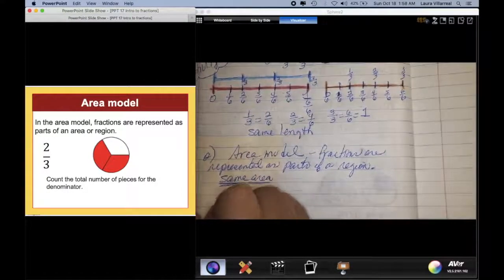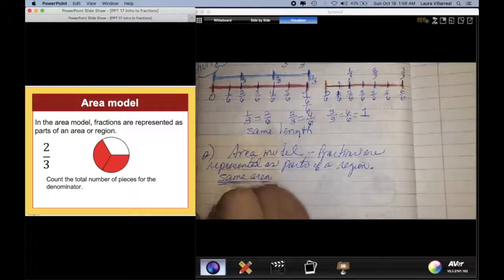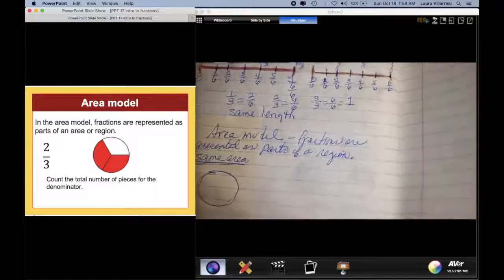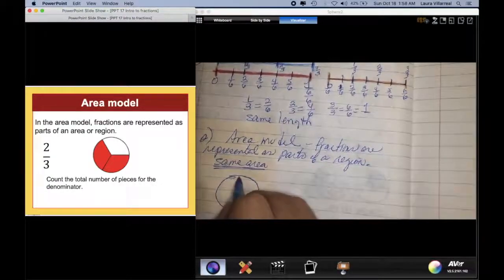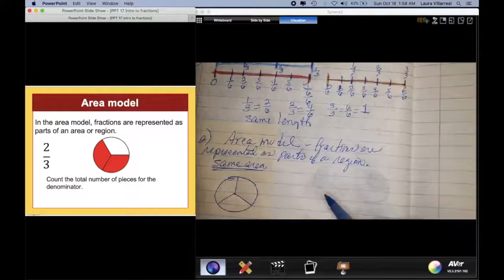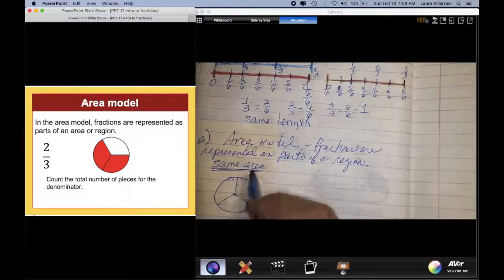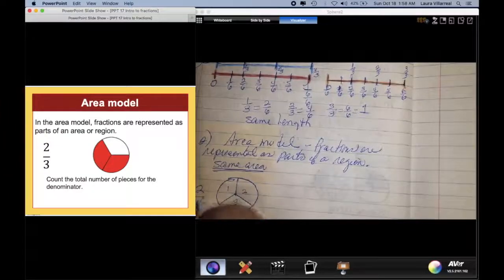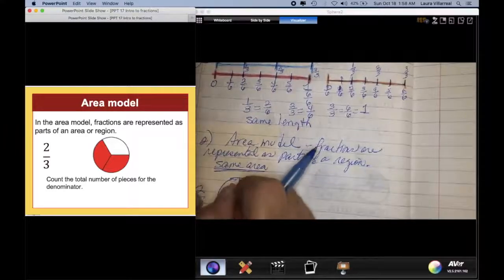So let's draw this circle. Now the thirds are hard to draw. I'm going to turn it around the other way. Kind of like a peace sign. I'm not off the center a little bit, but you get the idea. And there's my thirds. And if I want 2/3, then it would be 2 out of 3.